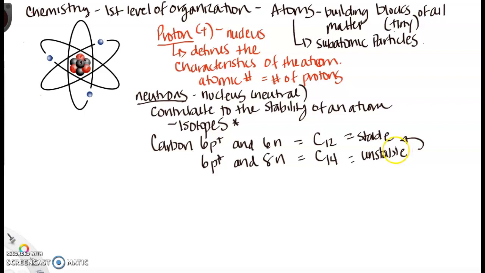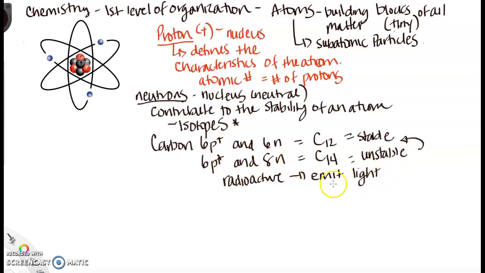Okay? And we can use this unstable carbon that wants to decay into carbon 12, and we can use that because when it decays, it's what we call radioactive, and it will emit light. So we use these types of things.